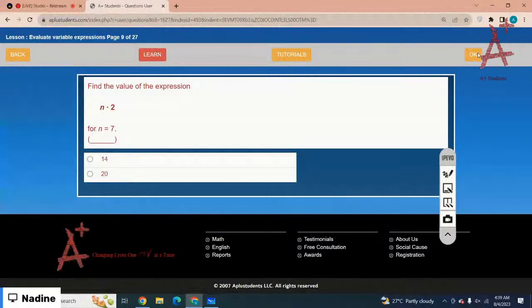Find the value of the expression n times 2. So, the correct option is 7 times 2, right? The correct option is 14.